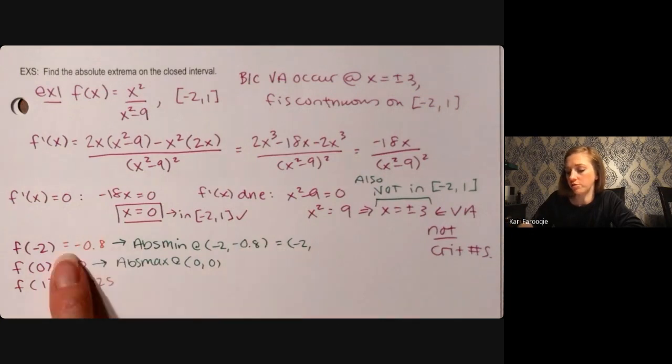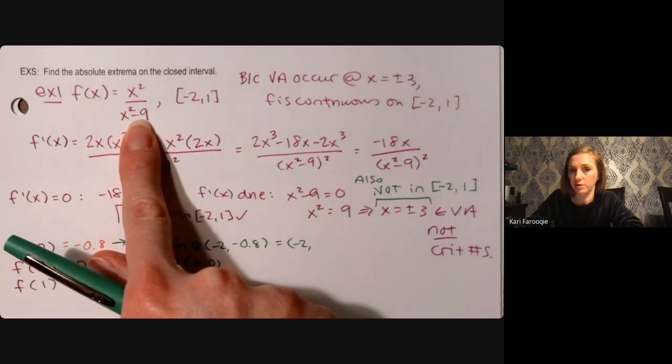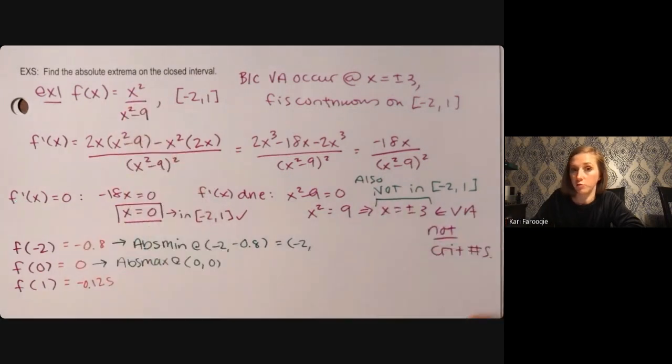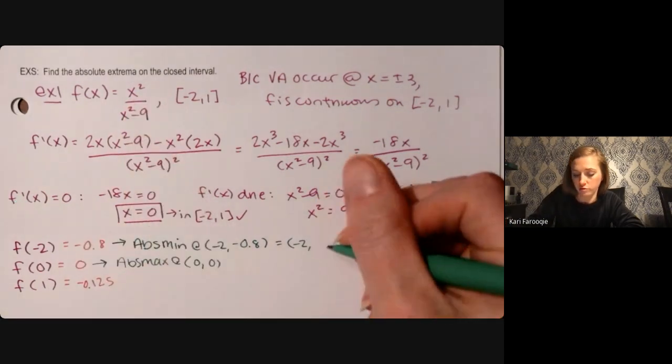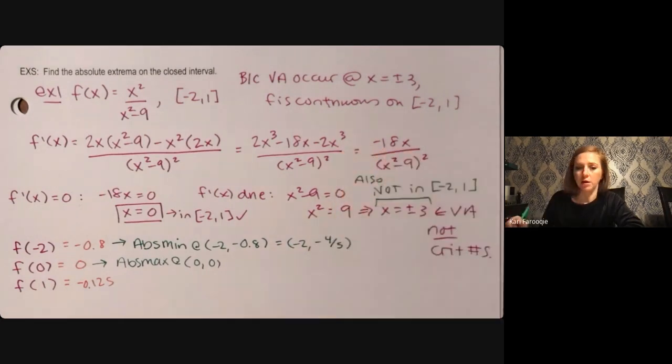But I would want you to plug this into the function to determine the actual exact value. So in the denominator, -2 squared is 4. 4 minus 9 is -5. And in the numerator, -2 squared is 4. So my actual value here in fractional form is -4/5.